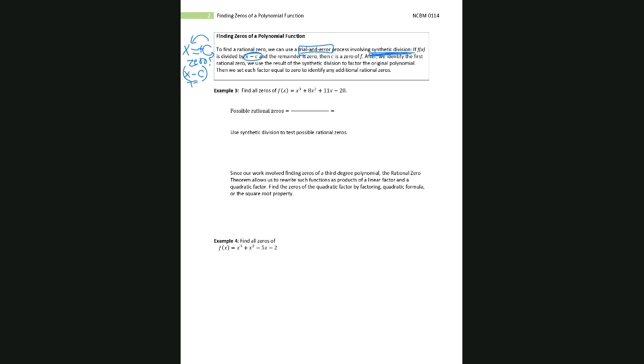So the idea here is that if you can divide a polynomial by a factor, the remainder will be 0.